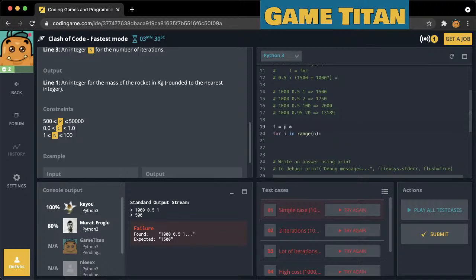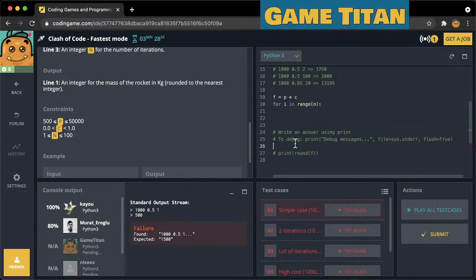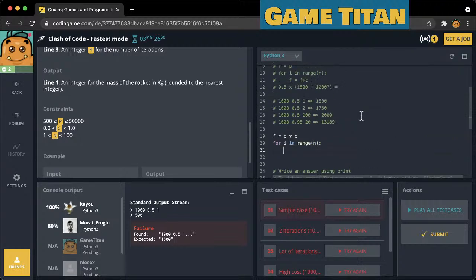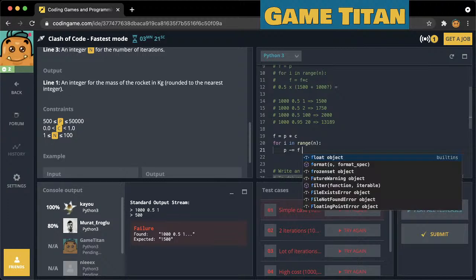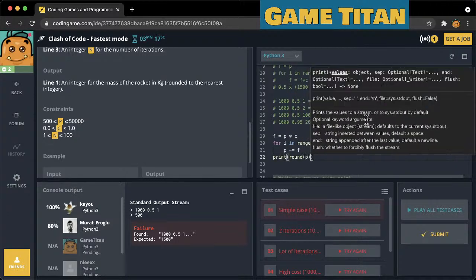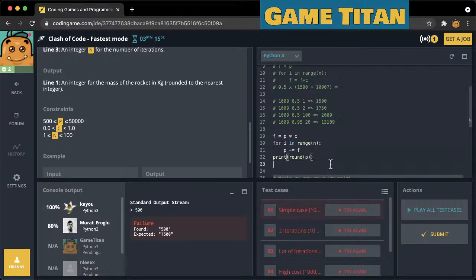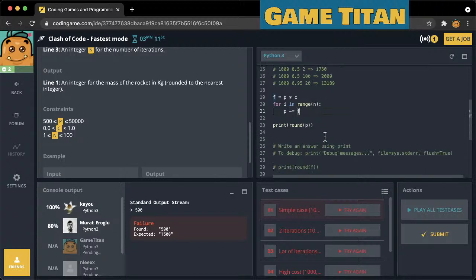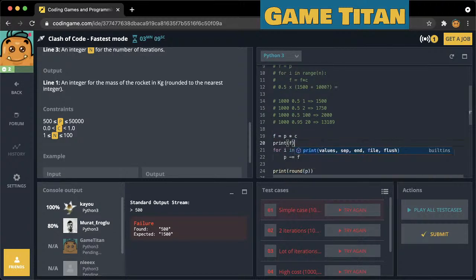P times C, and then we're saying P minus equals F. So we take 1,000.